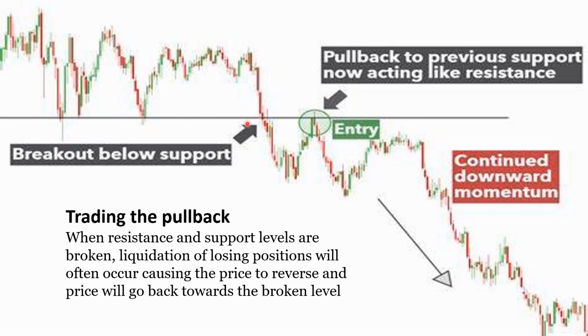And because they're now selling, it creates the downward fast movement. But then eventually the price will go back up and then it will bounce off its now broken support, where I would suggest you now enter, because often you'll see a continued downward momentum.